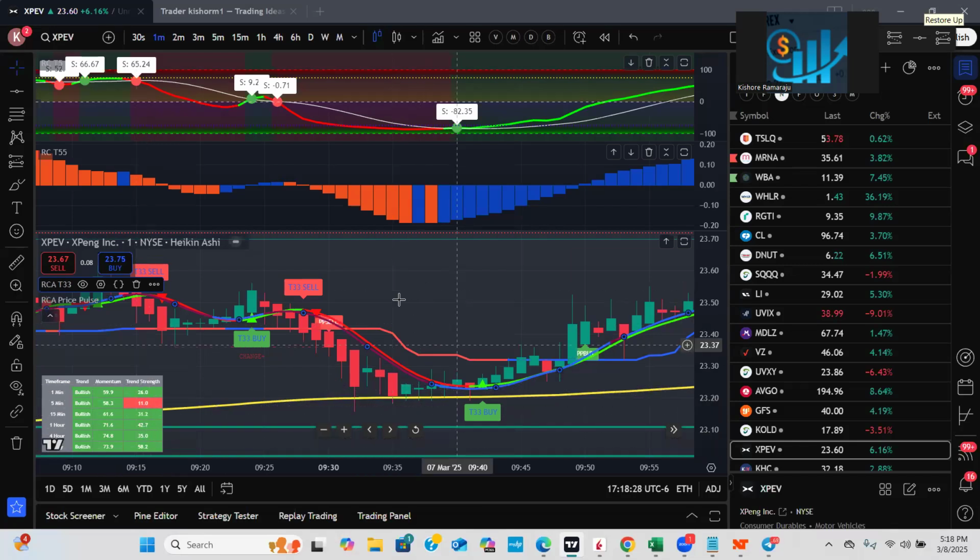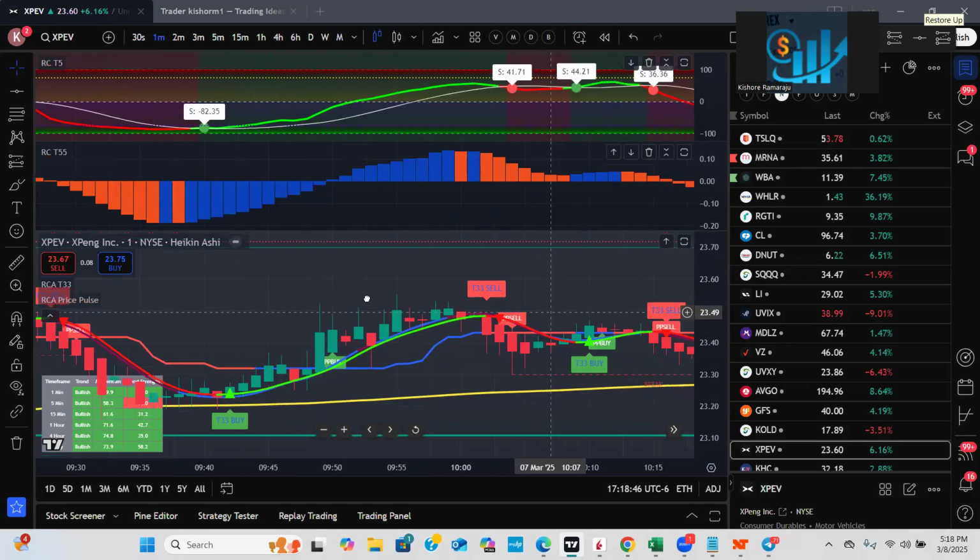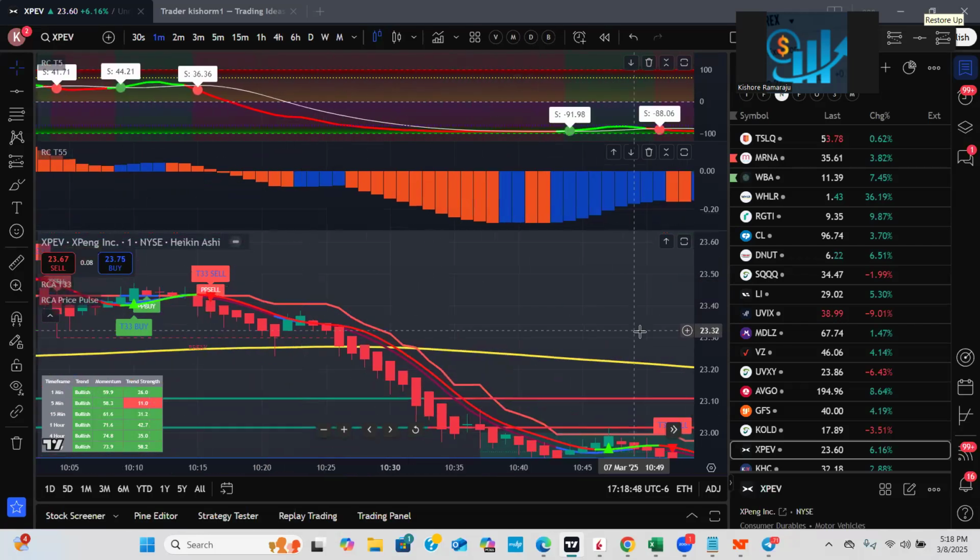Then you better avoid, don't take the trade, even though your criteria might match. If you are trading in 5 minutes, you look, okay, is my trend looking right? Is it choppy, or is it moving in an uptrend or downtrend? This will tell you. Because at the end of the day, in the 5 minutes, it is just moving in a sideways market.